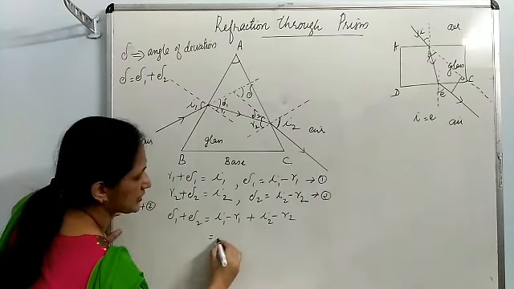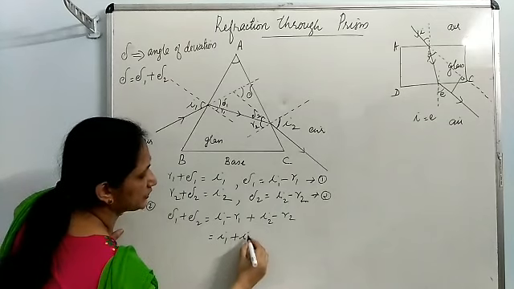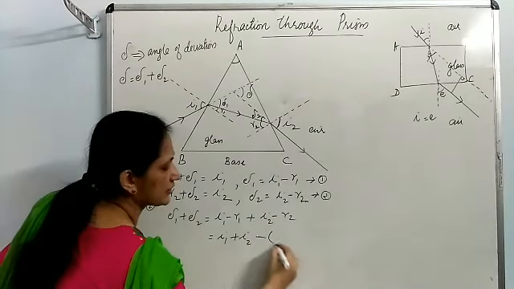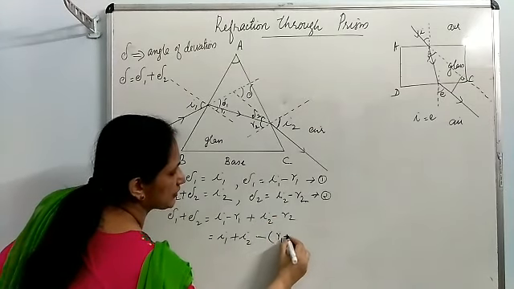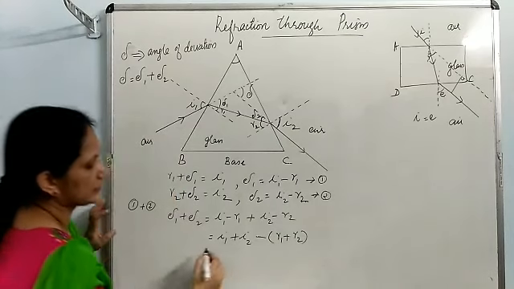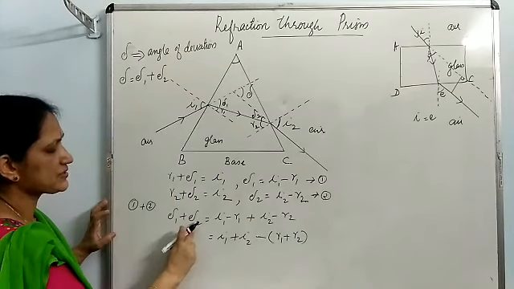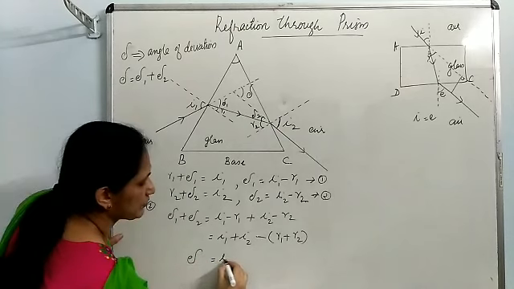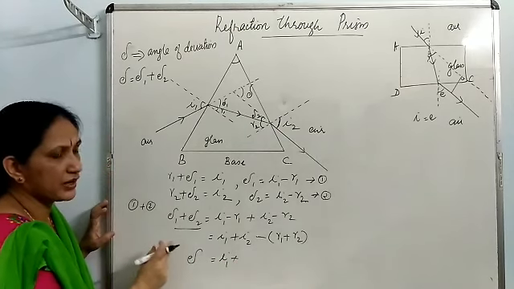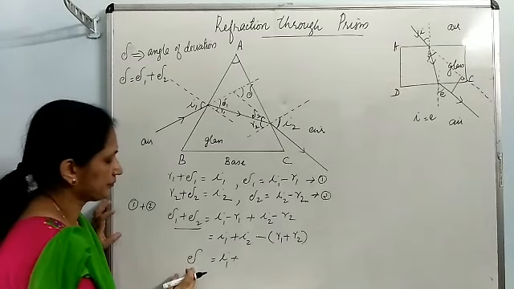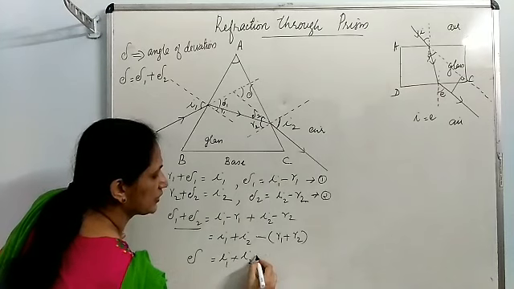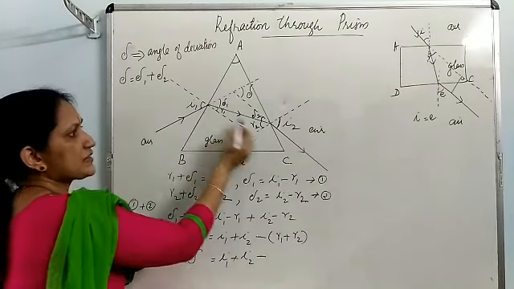It can be written as I1 plus I2 minus (R1 plus R2), taking the minus outside. Then delta 1 plus delta 2 is equal to delta, the total angle of deviation. So delta is equal to I1 plus I2 minus (R1 plus R2).